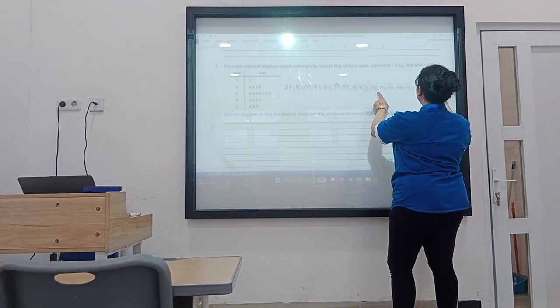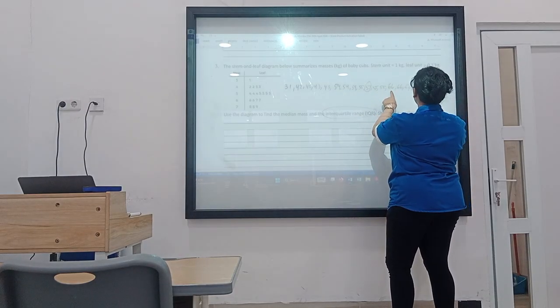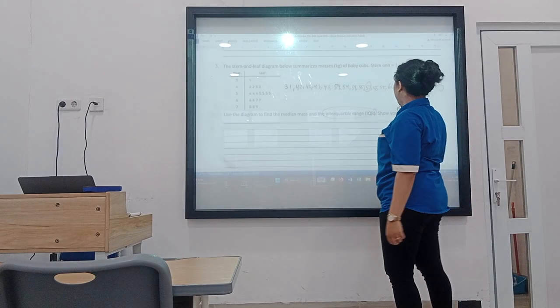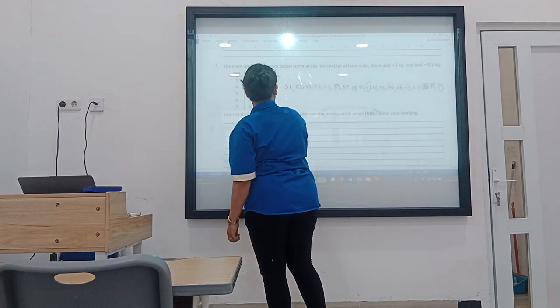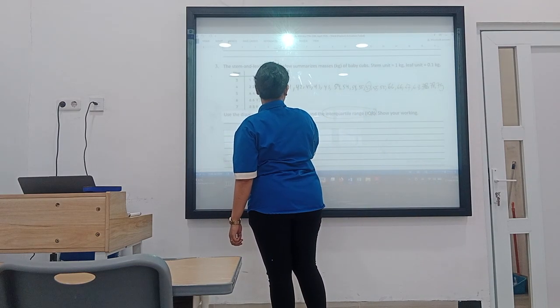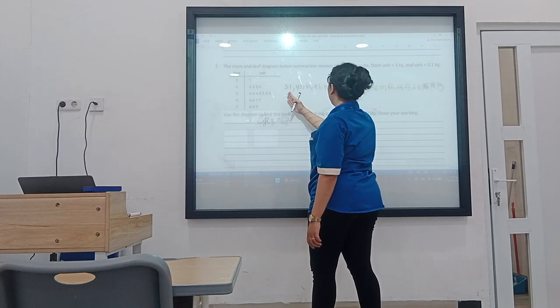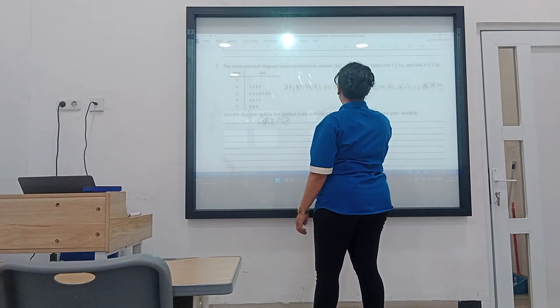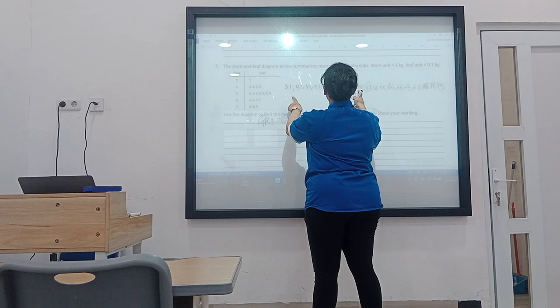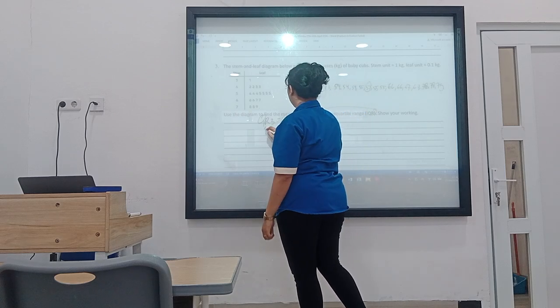So from here, the middle value of the upper half, Q3, is 67, while from the lower values here the median, Q1, is 43.